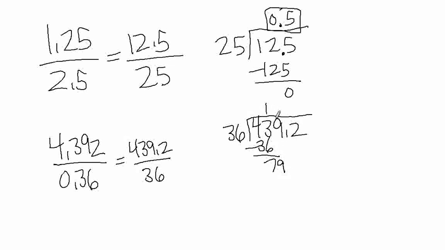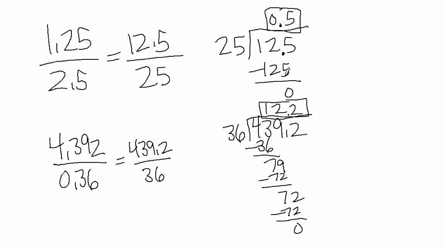Then I drop the 9 and put a 2, that gives a 72. 79 minus 72 is 7, drop the 2, put a 2. Now I subtract 72 and I'm done. So once again I put a new decimal point above the old one, and so the answer is 12.2.